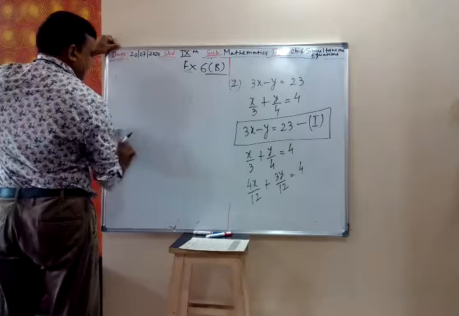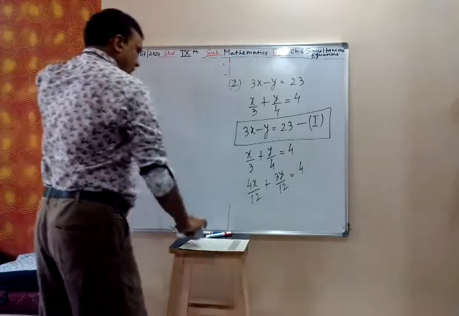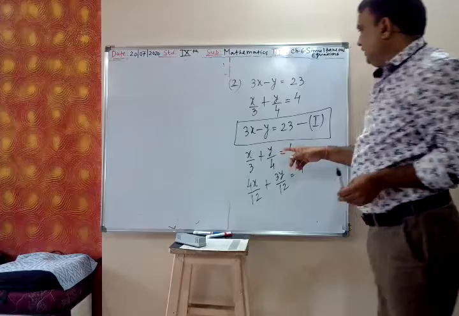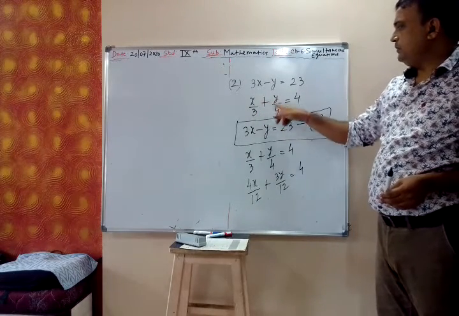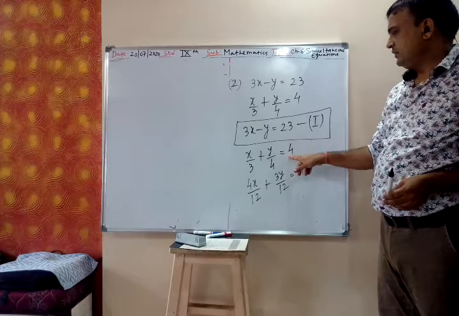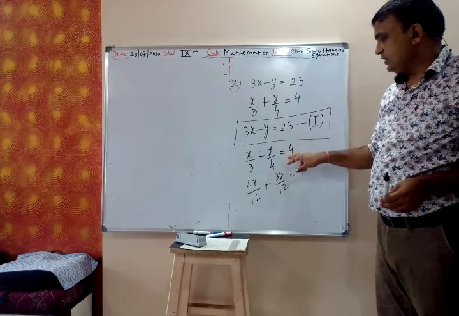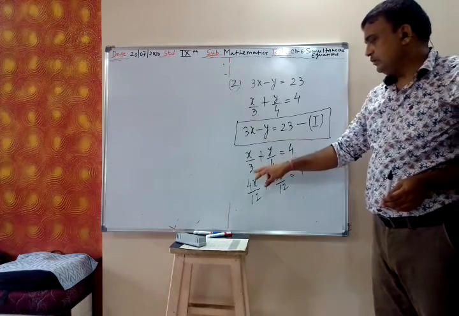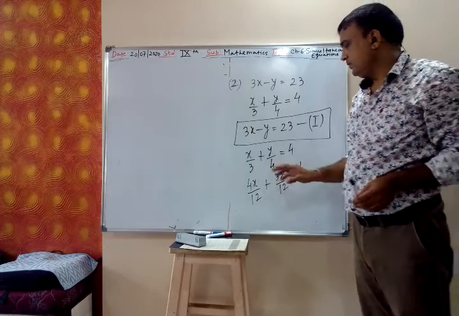So first we have to get equation 2. This part is clear. x upon 3 plus y upon 4 is equal to 4 is already given in the question. To make the denominators equal, I will take the LCM of 3 and 4, which is 12.